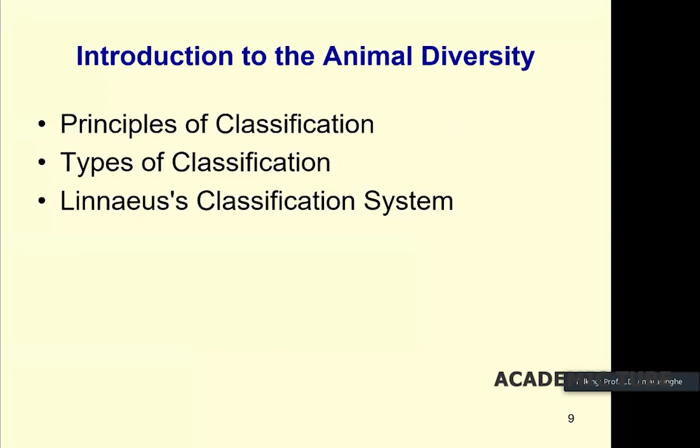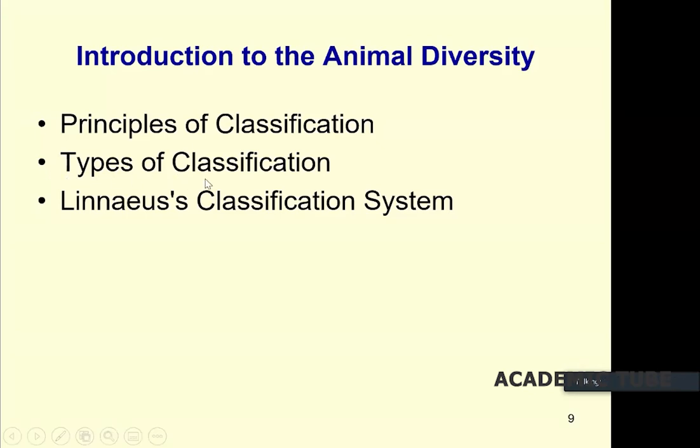And at the very beginning, before we come to the exact animal phyla or the phyla of the animal kingdom, we'll see what the principles of classification of organisms are. It is not only animals, all living organisms.